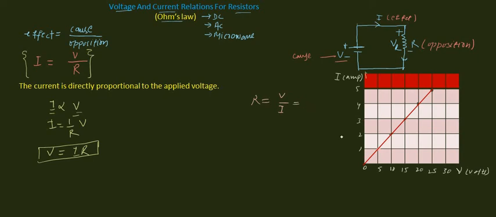Simply putting these values in this equation, the voltage is 5 volts and the current is 1 ampere, so we get 5 ohms.